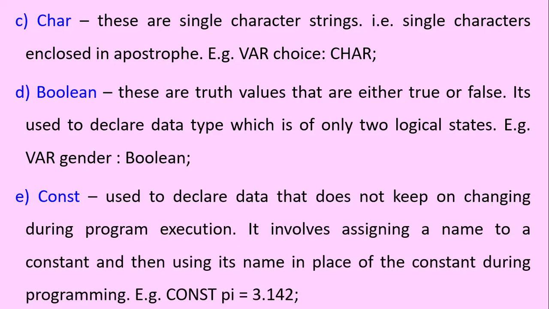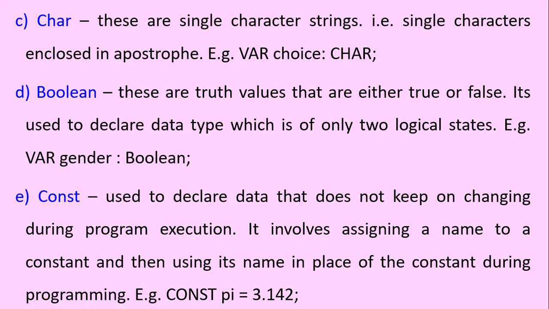The fifth data type is const. It is used to declare data that does not keep on changing during program execution, and this is the opposite of var. We have seen that var or variable is declaring data whose content, in the memory locations assigned, keeps on changing during the time of processing. But when it comes to const, this is setting memory locations aside that will contain a value that does not keep on changing during the processing period.